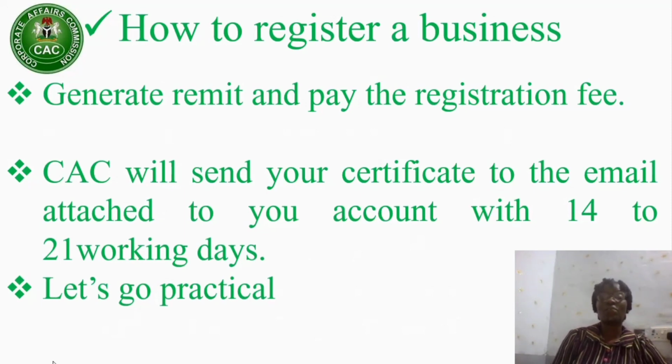After you have paid your registration fee, CAC will then send your certificate to the email attached to the account. Either within the next 14 days or within 21 working days, you should be able to receive your mail, if all things being equal, except when there is a query or something you didn't meet up to and you need to respond to CAC before you continue. So that is that about pre-incorporation in the CAC portal.